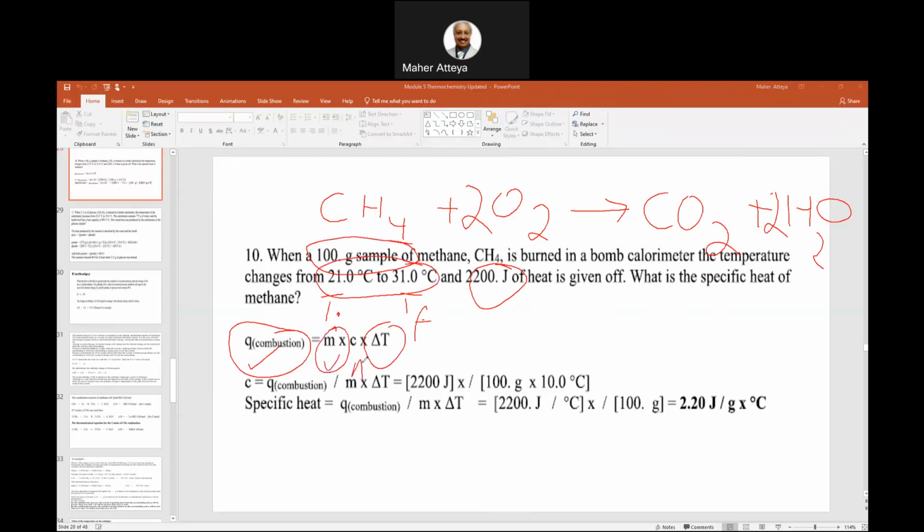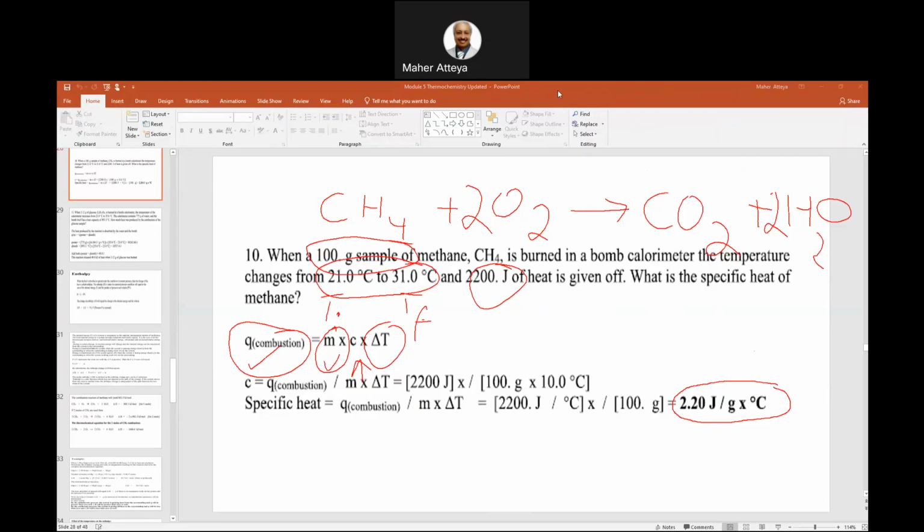So you solve for the specific heat by rearranging the equation: specific heat is heat of combustion divided by the mass multiplied by delta T. That's what you get. You can see methane has a larger specific heat compared with the metals. Metals have 0.0-something in decimal amounts, but this one here is 2.2 joules.